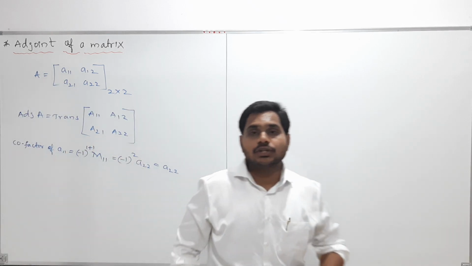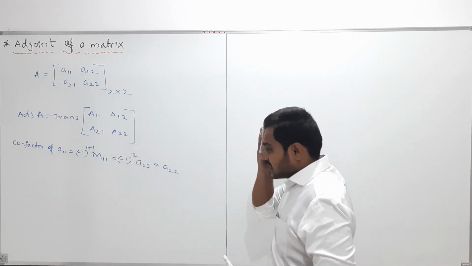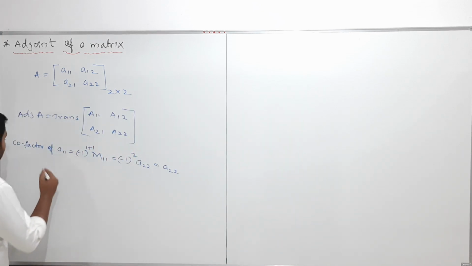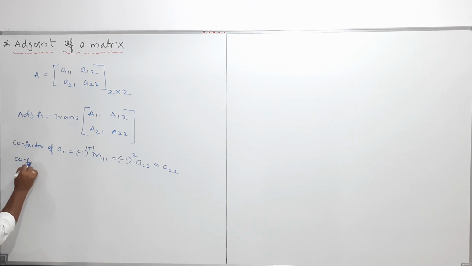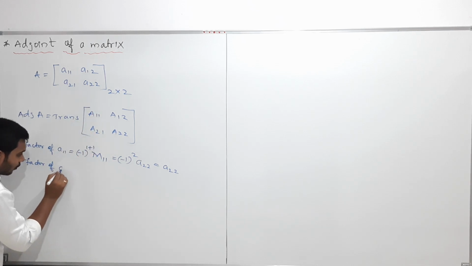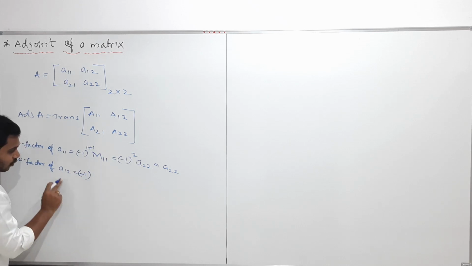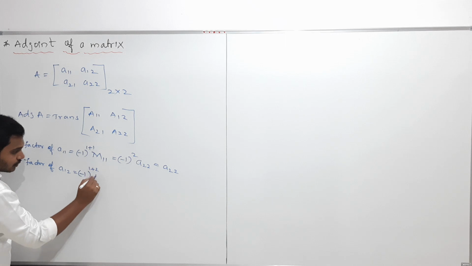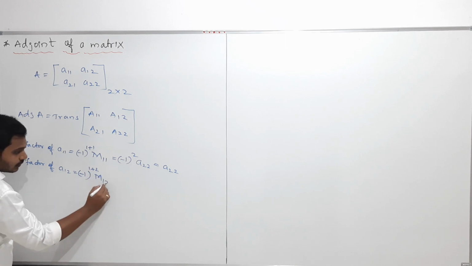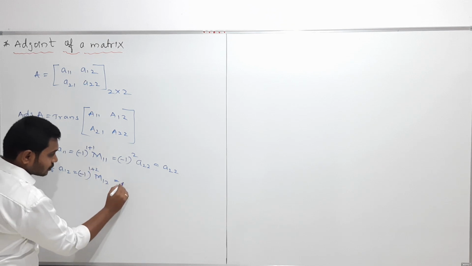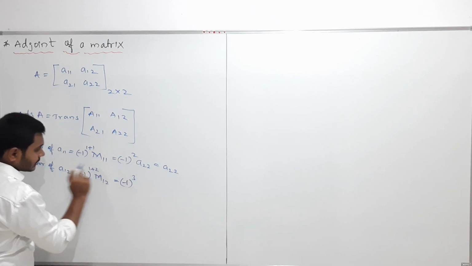So like this we should calculate. For the remaining elements I am going to find out as well. The next element is the cofactor of A12. Cofactor of A12 is minus 1 whole to the power 1 plus 2 into M12, and this is minus 1 whole to the power 3.